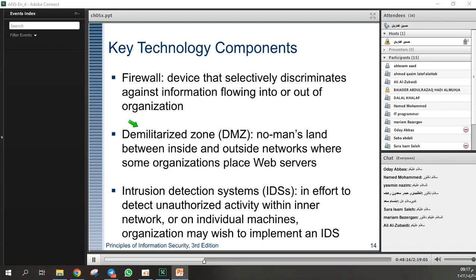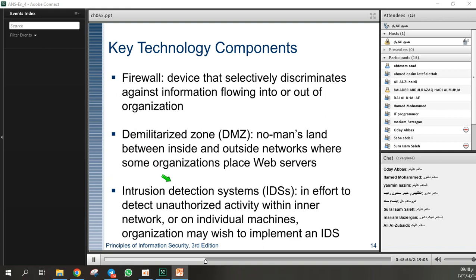DMZ, demilitarized zone. It's a place between the internal network and the external network. It's a LAN between the inside and outside networks. Mostly we implement public servers in the DMZ.